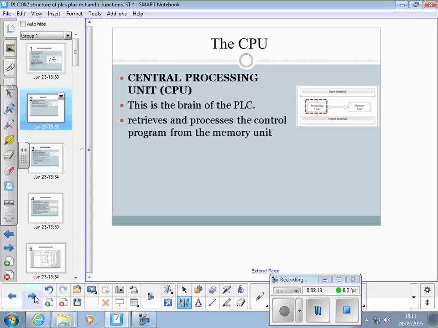Yes, there are different flavors, but in essence it's doing similar tasks. And what that does is it retrieves and processes the control program from the memory unit and deals with that in terms of what the current status of the inputs and outputs are, and a bit more detail of that later on in this session.